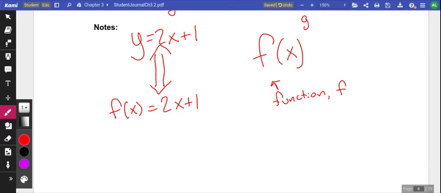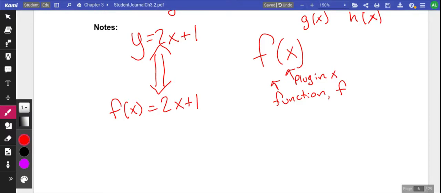A lot of times you'll see g of x or h of x. It can be any letter, I should say. It's not really a variable. It's saying this function f, when I plug in x, is what it means.